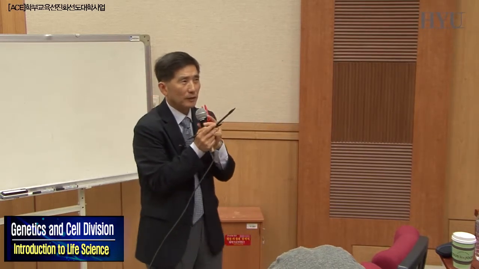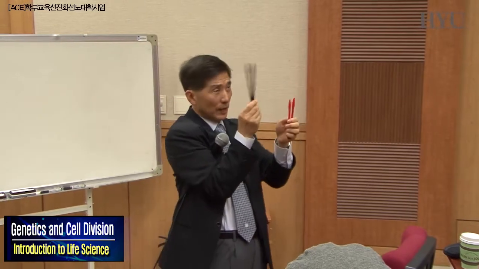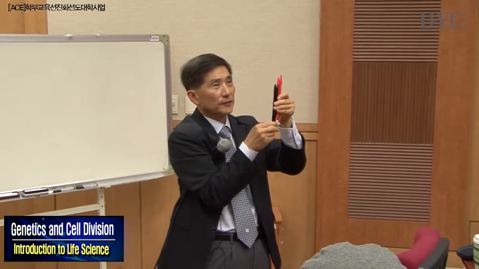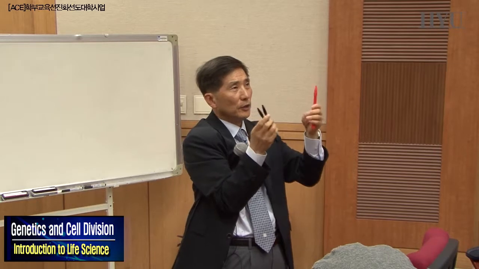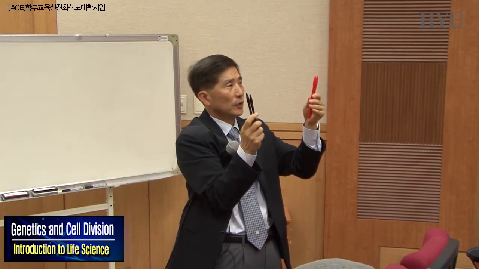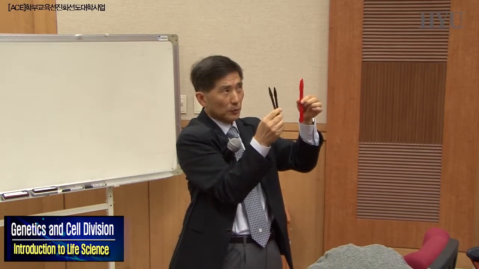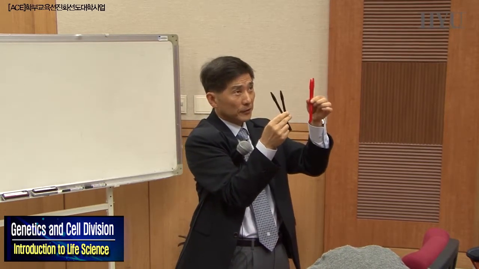I need one more hand though. Same thing, this is from your father. So during mitosis, what happened? You start to see this duplicated chromosome at prophase.